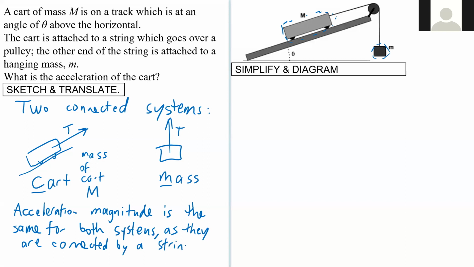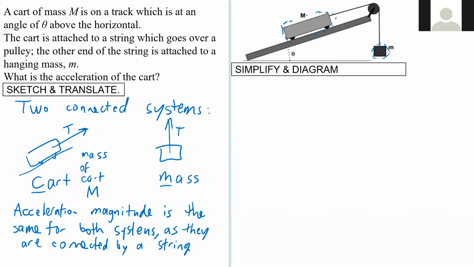Does that make sense? So as one of them moves, the other one will move. If the hanging mass moves 2 centimeters down, the cart will move 2 centimeters up in that same amount of time. So their motion matches each other, and you'd expect them to have the same accelerations, even though they're two different systems.